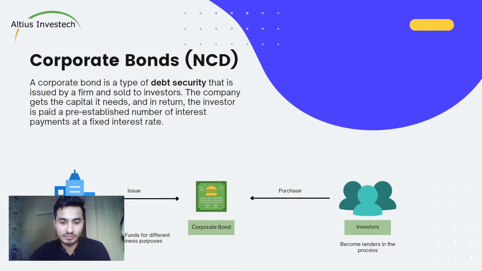A company would issue a corporate bond, and these corporate bonds are purchased by investors. These investors are, in the end, the lenders that lend their money to these companies, and in return, the investor is paid a predetermined number of interest payments on predetermined dates.